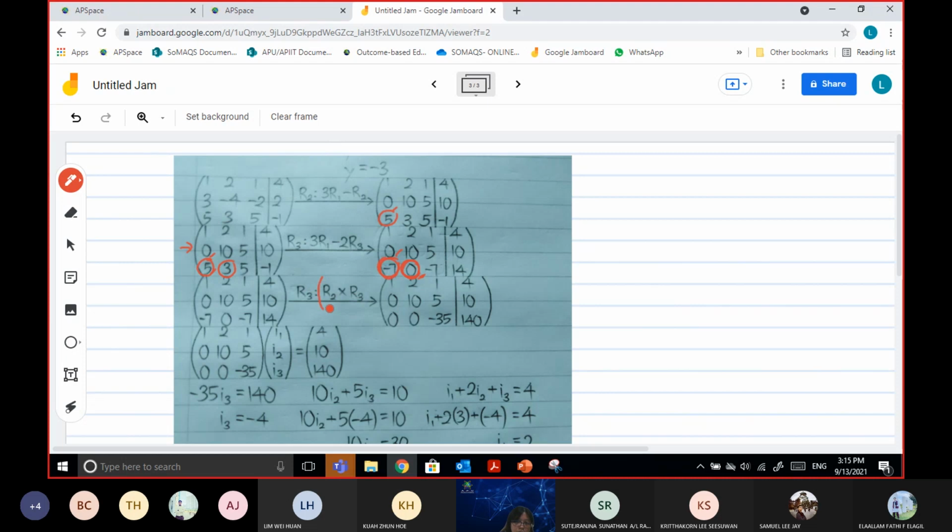Wait, so I saw this part. Actually, so far, I never tried this for elementary row operations. This is not something common, taking one row times another row. This is not something that I commonly see.